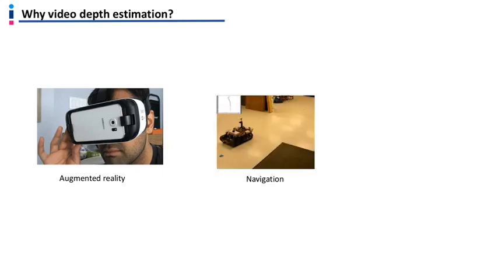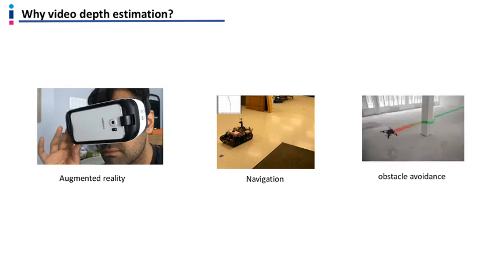For unmanned ground or aerial vehicles, depth estimation from a monocular camera can provide additional signals for navigation and obstacle avoidance. Monocular depth estimation is an active research topic as it can help billions of devices with a single camera see the world in 3D.